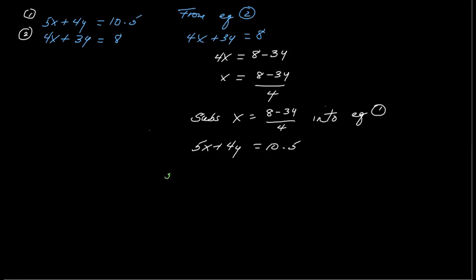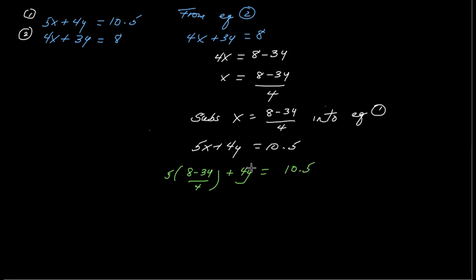So this is 5 times x, right? So x is (8 minus 3y) divided by 4, then plus 4y is equal to 10.5.